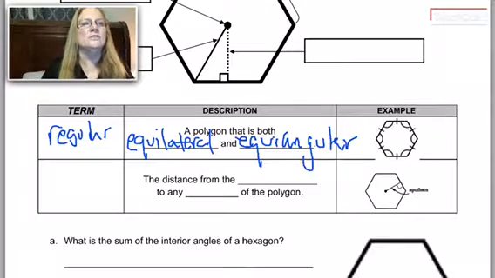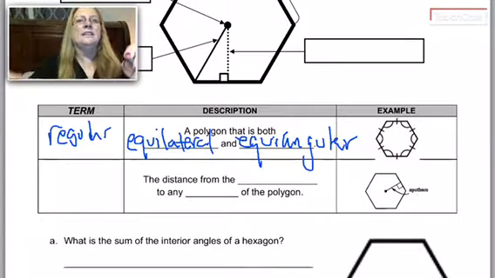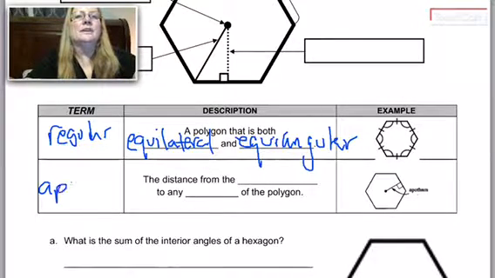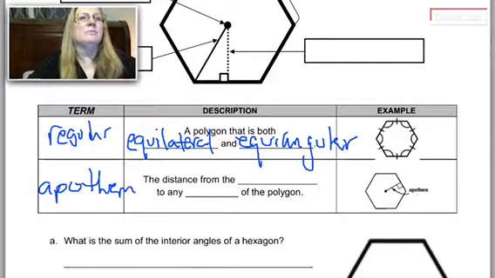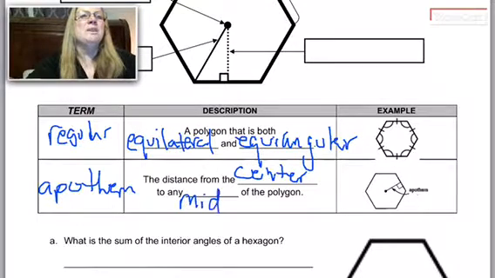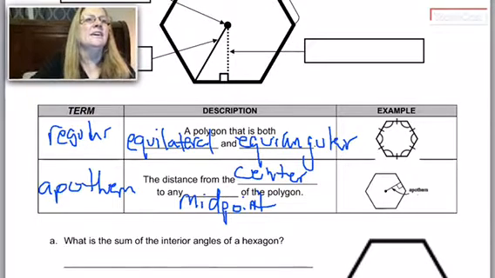So these formulas that we're going to use only apply to regular polygons. And the apothem is the distance, or the length of the line segment, from the center of the polygon to the midpoint of any side of that polygon. All right?